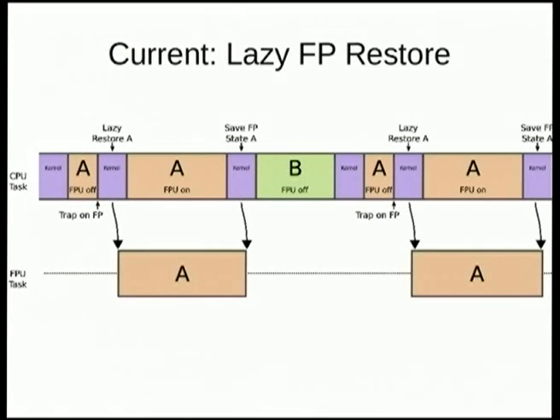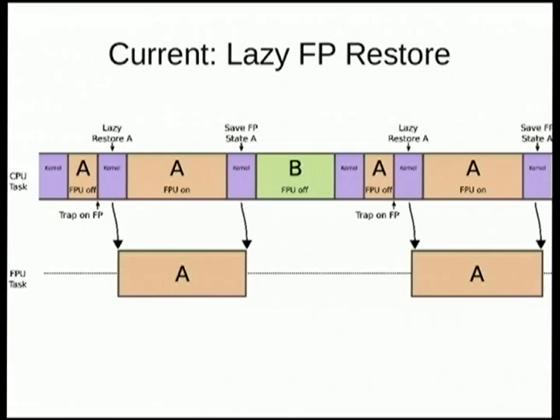This just elaborates that a little bit more. We've split this out into the CPU task at the top and the floating point unit task at the bottom. Oh, sorry, it's dropped off the edge of the screen there. That's the floating point unit task on the left-hand side there. It shows up okay here, so sorry about that. So CPU task at the top, floating point task at the bottom.